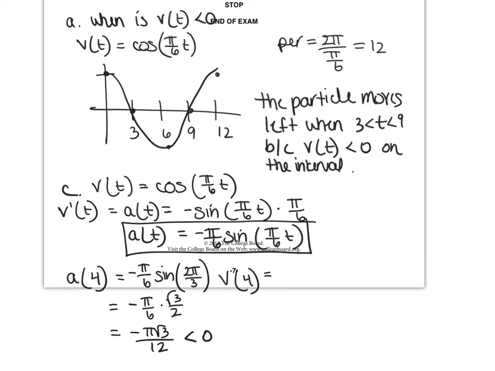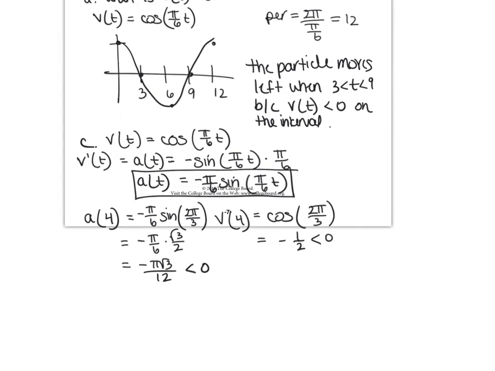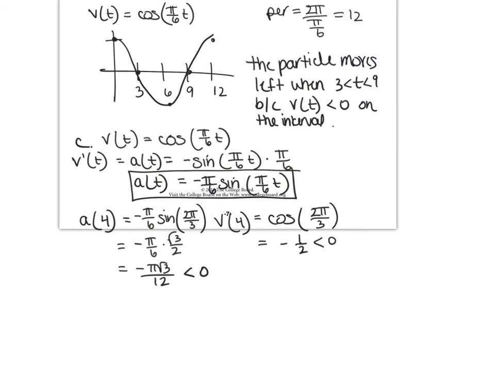And then v of 4, that is cosine of pi over 6 times 4, which is 2 pi thirds. Cosine of 2 pi thirds is negative 1/2, which is also less than 0. So since both of those are less than 0, the speed is going to be increasing.